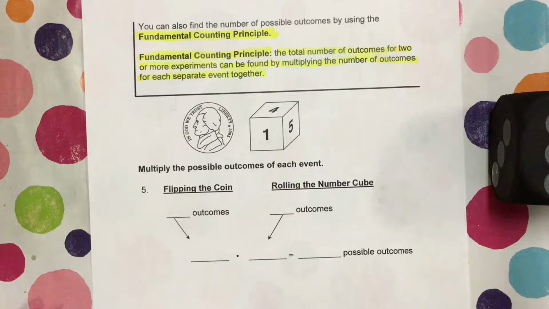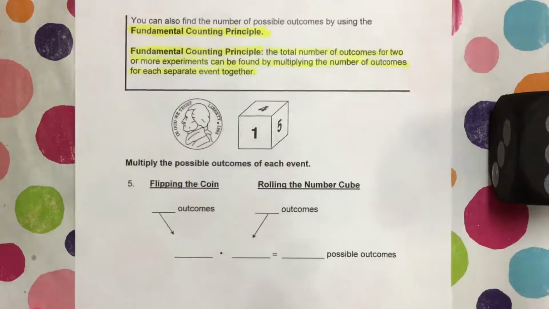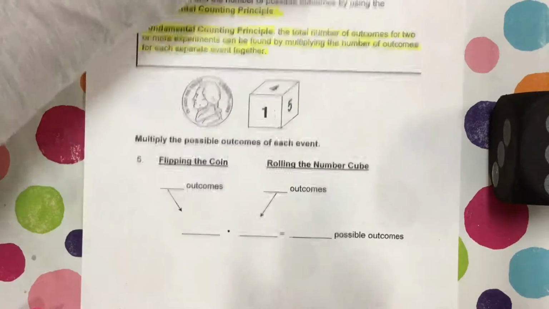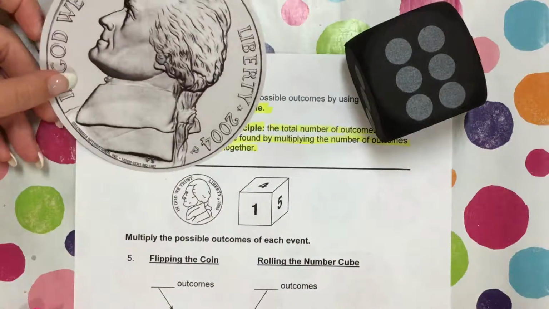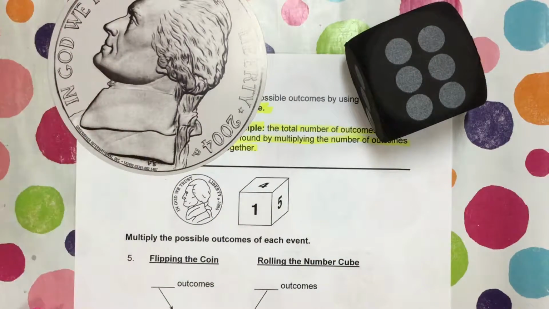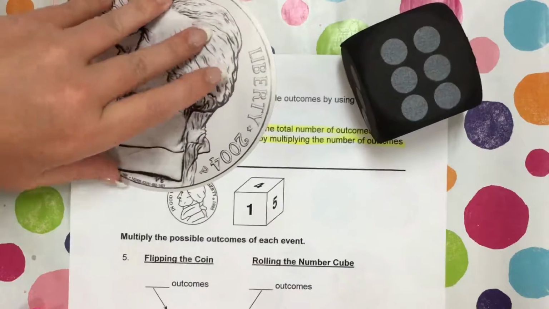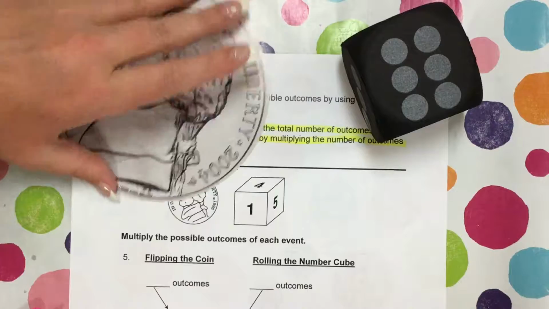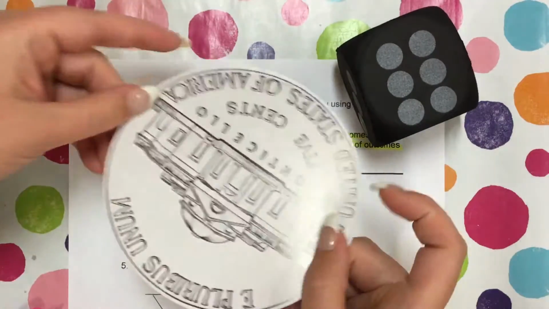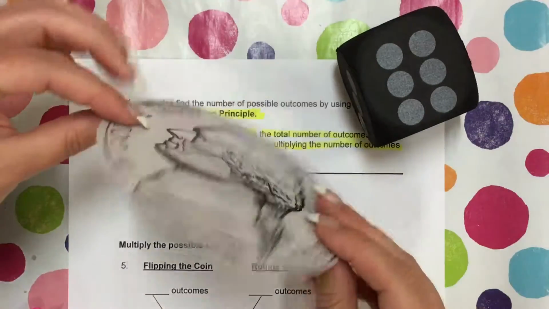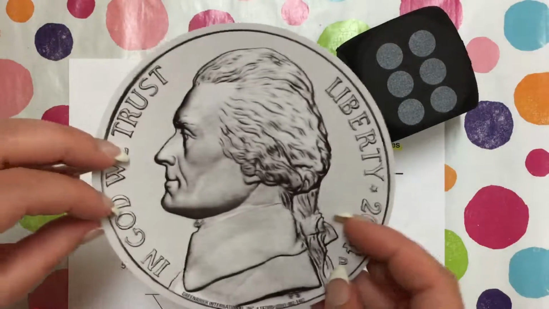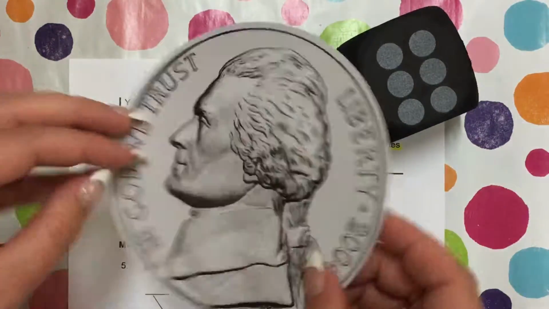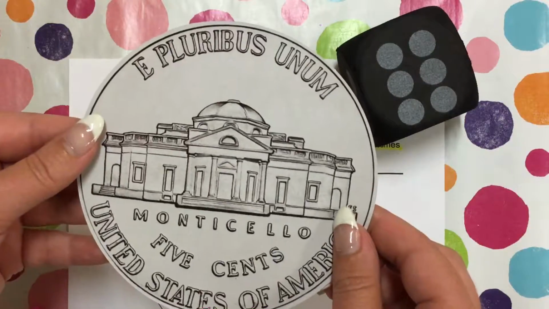Let's go ahead and look at what that is talking about. Let's go back to our example with the coin and the die. This is the fundamental counting rule. We're going to multiply the possible outcomes for each event. When we're flipping a coin, how many options do we have? Well, we can flip either a heads or a tails, right?